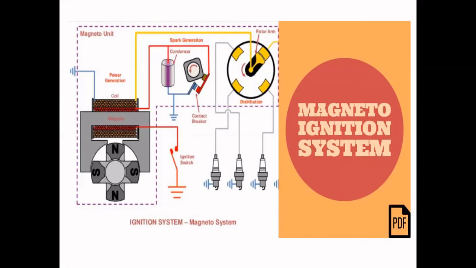And another disadvantage associated with this magneto ignition system is that there is a possibility of misfiring of the engine due to leakage caused by variation in the voltage, which may occur while flowing through the wiring system.